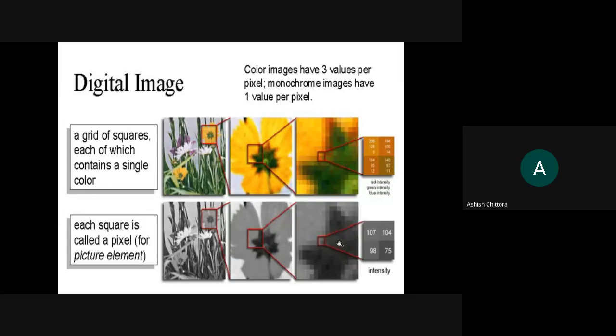This is unlike grayscale images, where one pixel represents only one intensity, one gray level. In color images, each pixel has three intensity levels of red, green, and blue. So in MATLAB, when we work on color images, we will see there are three intensity planes, RGB, for each pixel.